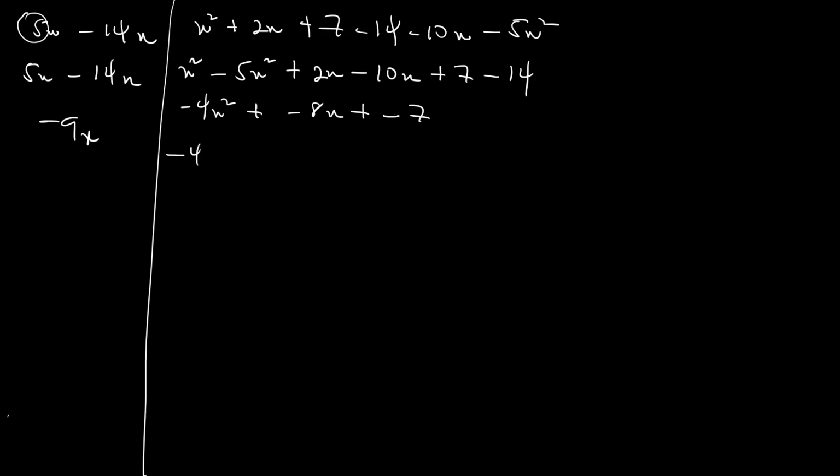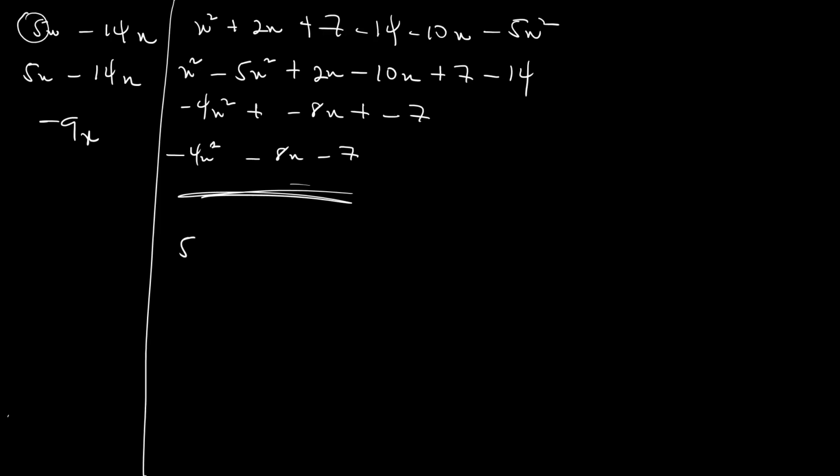So we have minus 4x to the power 2 minus 8x minus 7. Okay, so with this, they do not have any like terms. So it means we cannot simplify. So it remains as it is.